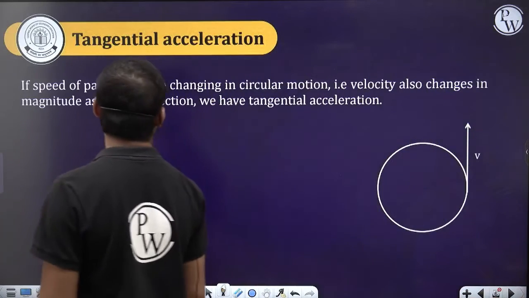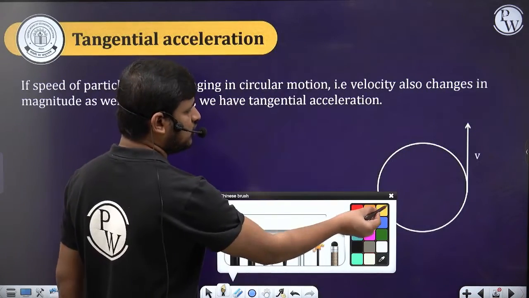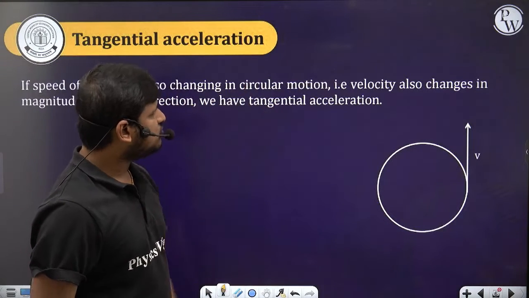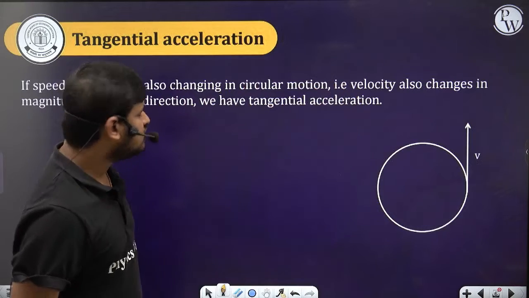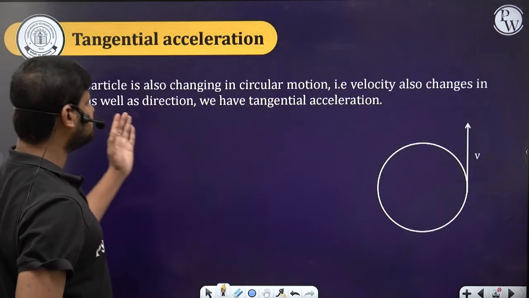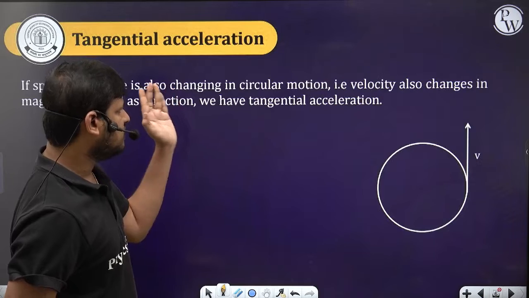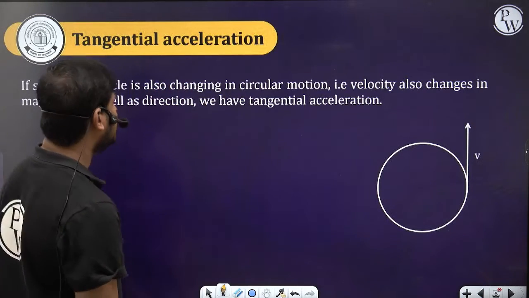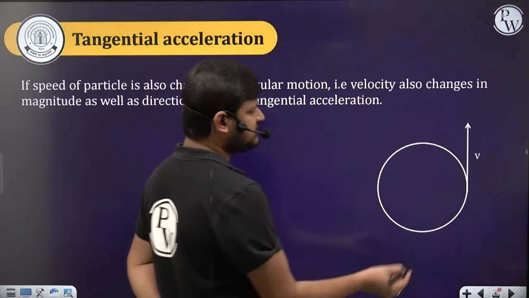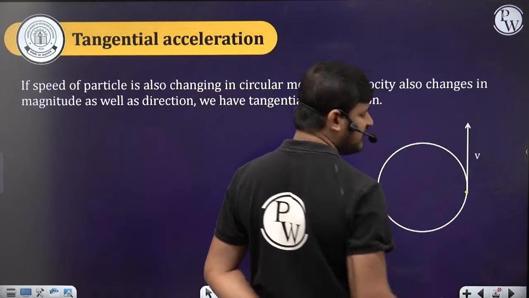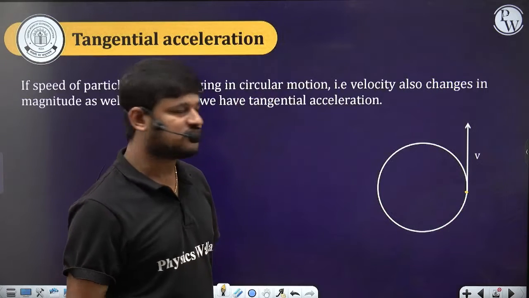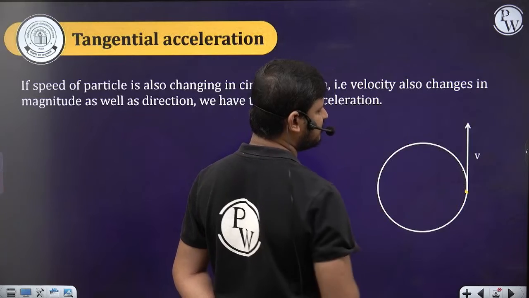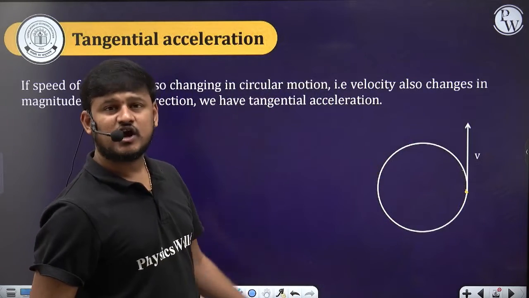So let's take the next type of acceleration. If the speed of the particle is also changing in the circular motion, that is, velocity changes in magnitude as well as direction, then the acceleration that acts is the tangential acceleration. If the particle has different speeds at different points in its circular path, its velocity is changing.